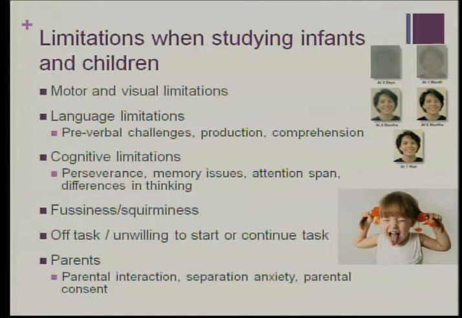And then over time, their contrast improves and their ability to focus, and faces become less and less blurry across the first year. But just knowing their difficulty in seeing faces and other objects and being aware that the distance you put them at is going to affect whether or not infants can see them is very important if you're testing infants. You also have to think about their motor limitations.